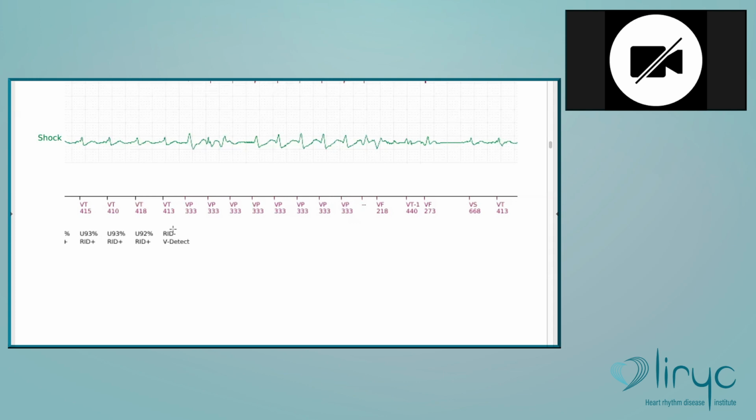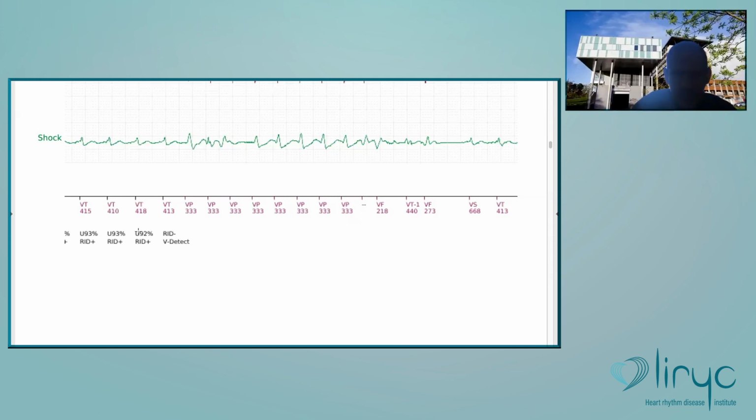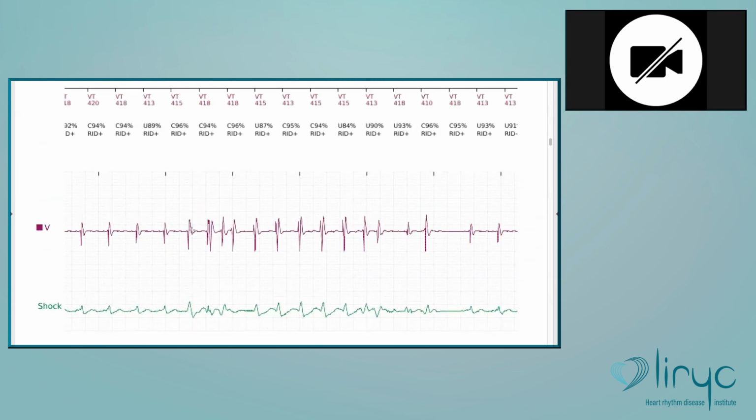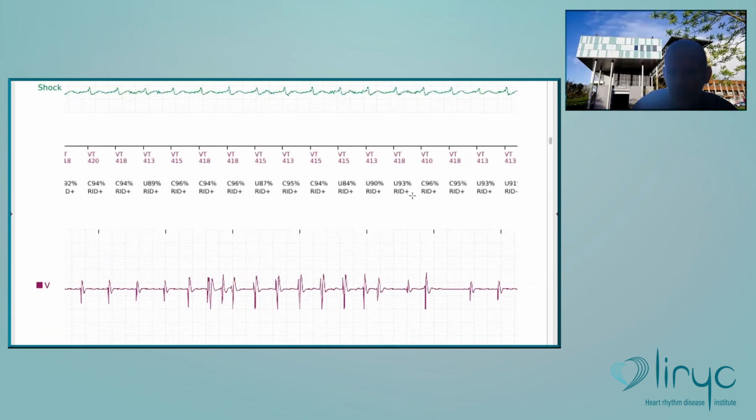Now it's uncorrelated. We have less than 3 cycles out of the last 10 that are correlated to the template. If you look at the threshold of 94%, it's 92.333. You're just below the threshold.